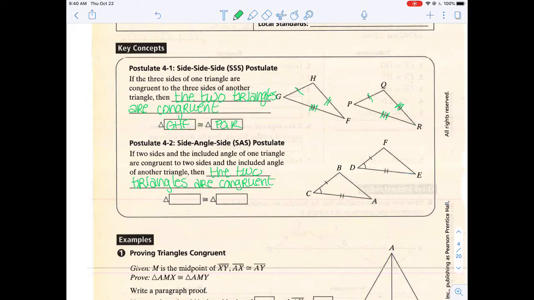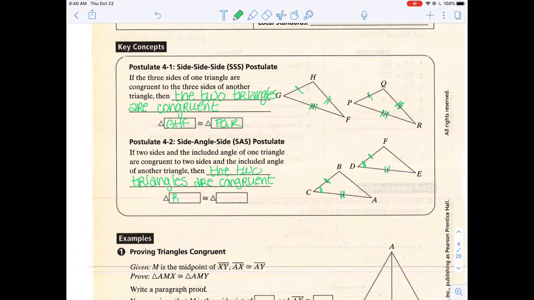So here we've got side CB matches side DF. Angle C is congruent to angle D, and then side CA is congruent to side DE. It has to be two sides and the angle in between them. So we can say that triangle BCA and triangle FDE are congruent.